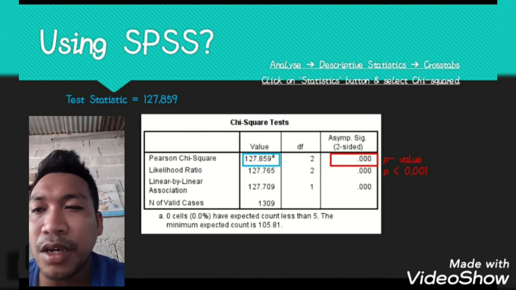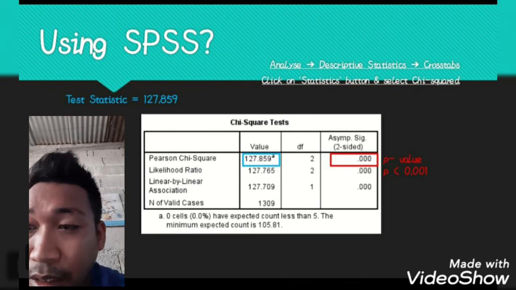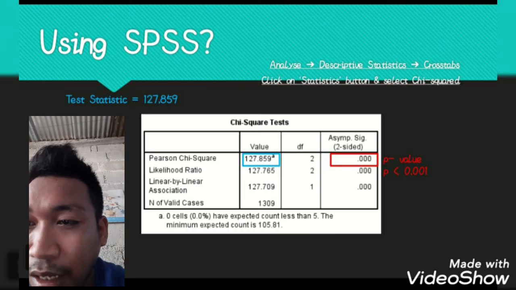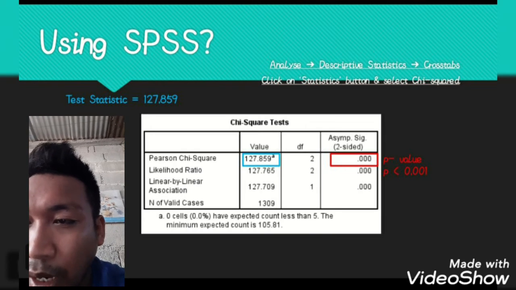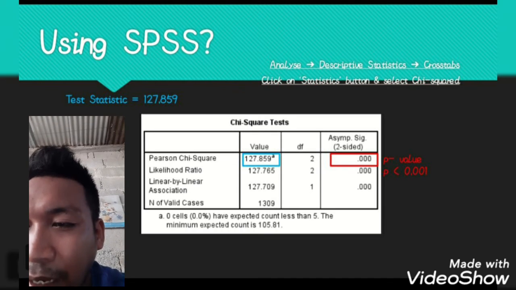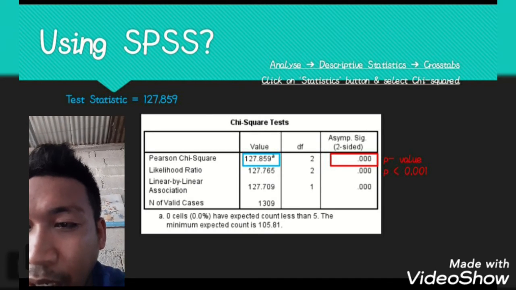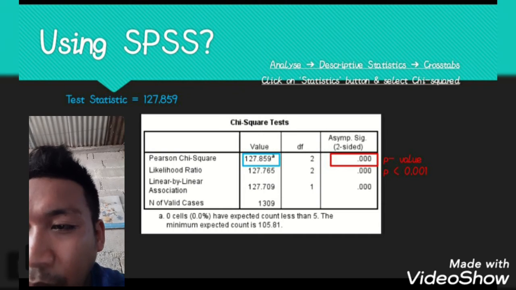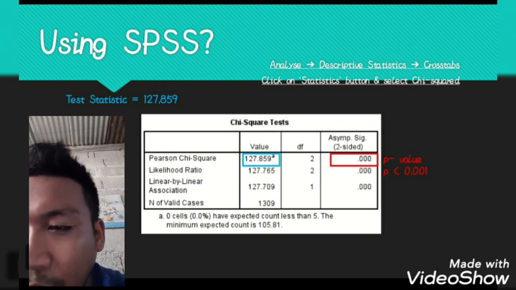Next topic is using SPSS. Test statistic equals 127.859. So, the chi-squared tests: Pearson chi-squared, likelihood ratio, linear-by-linear association, N of valid cases.